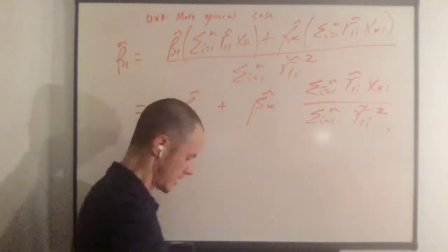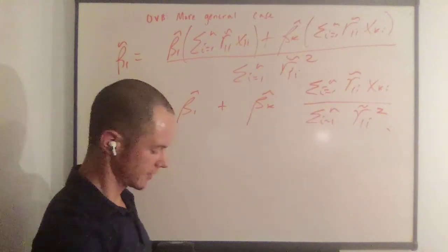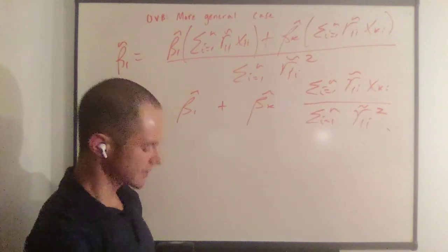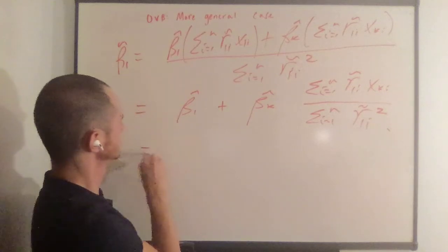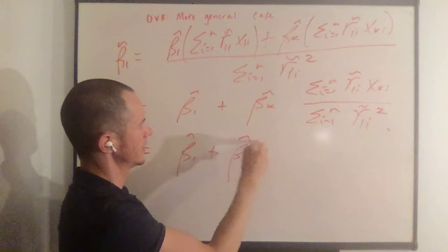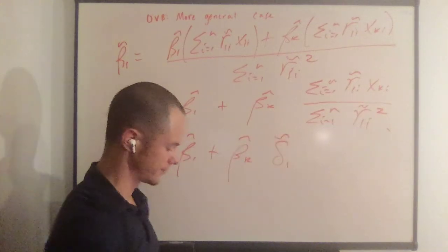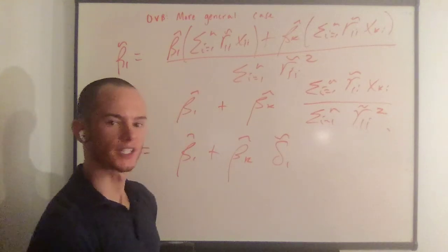Tildes here, tildes there, and this equals our delta 1 tilde. So beta 1 tilde equals beta 1 hat plus beta k hat delta 1 tilde, which is what we wanted to show.